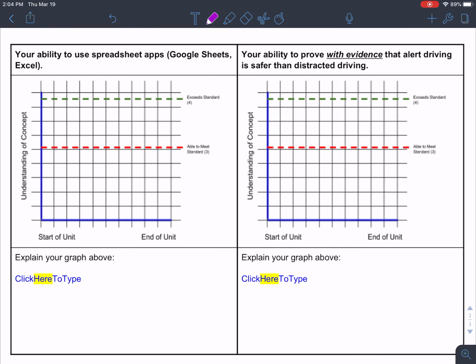Okay, your ability to use spreadsheet apps. So again, we created this app using Google Sheets or Excel. So just talking purely about your ability to create these codes in Excel or Google Sheets, right? So thinking about your skill at the beginning of this unit to now, do you feel like right now you can more or less with instruction create these graphs on your own? Do you feel like you can go above and beyond and do some formatting on your own?